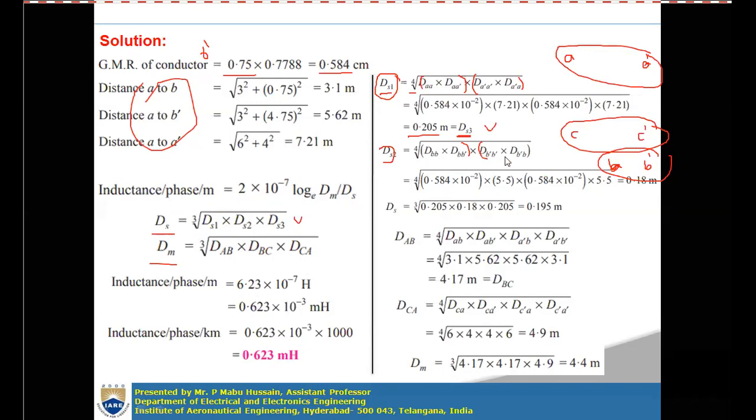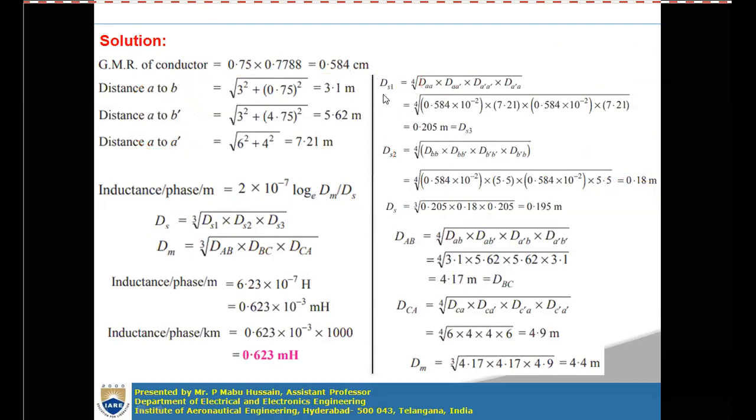You know all the distances here. Substituting, Ds2 is 0.18 meters. Ds1 and Ds3 are the same, 0.205, and Ds2 is 0.18 meters. Then Ds is the cube root of Ds1 into Ds2 into Ds3.